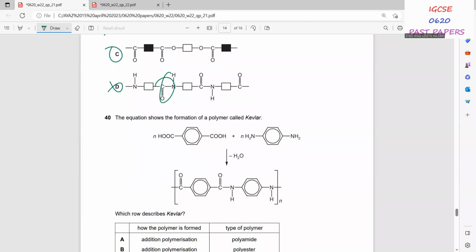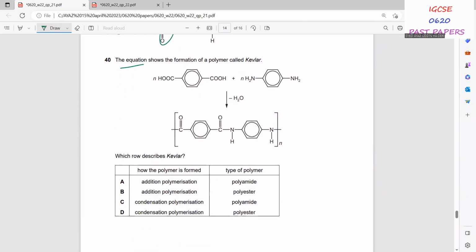40. The equation shows the formation of a polymer called Kevlar. So Kevlar is produced along with the elimination of a water molecule. Which row describes Kevlar and how the polymer is formed? Is it addition polymerization or condensation polymerization?